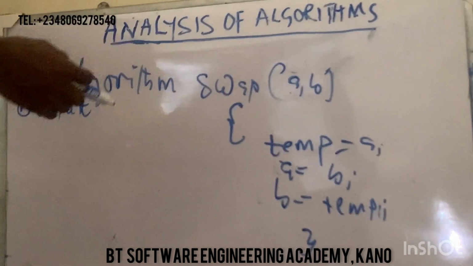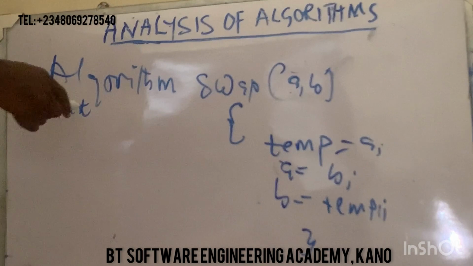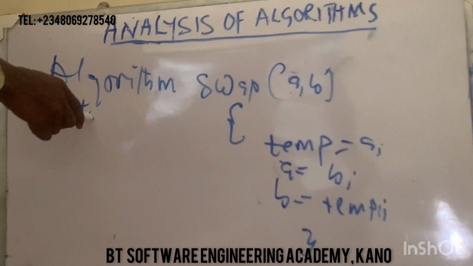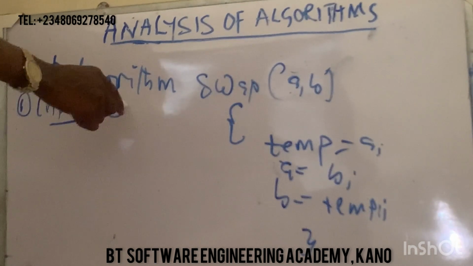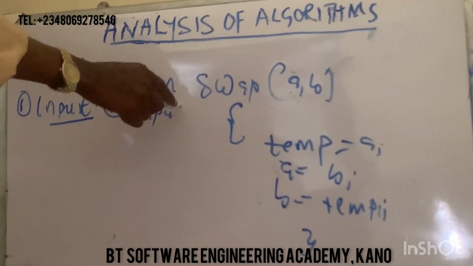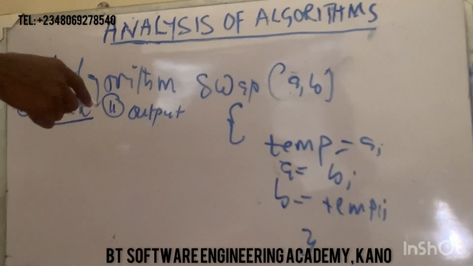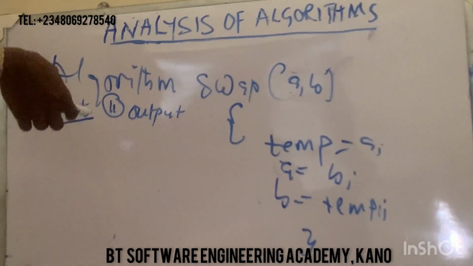So look here. Among the characteristics of an algorithm, first, it must have input. Second, it must have output. Third, it should be finite, and fourth, it should be effective.